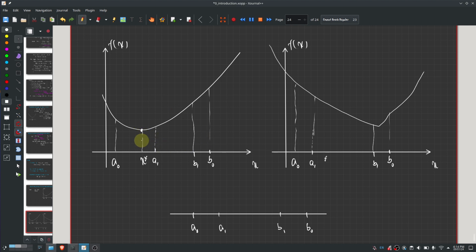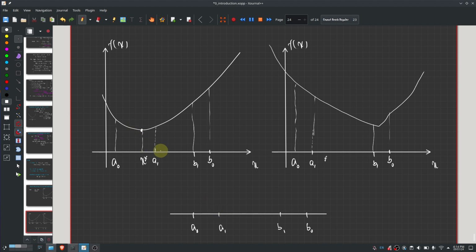So if the minimum lies in this interval from A0 to A1, what can I say about f of A1, f of B1 and f of B0? Or in other words, what happens to the function to the right of the minimum? It's an increasing function, right? So if the minimum lies between A0 and A1, then f of A1 will be less than or equal to f of B1, and that will be less than or equal to f of B0. All right, that's for sure.